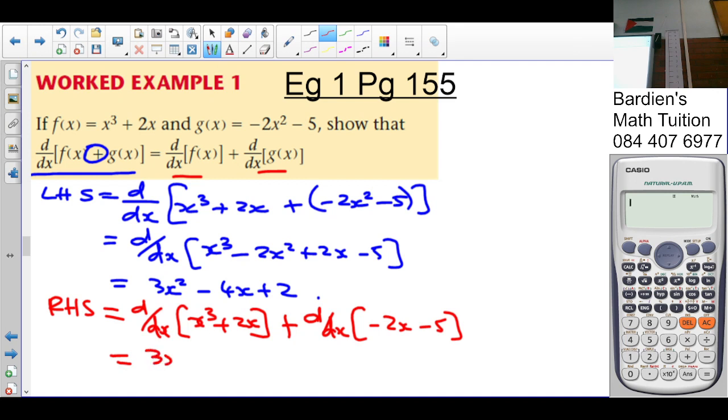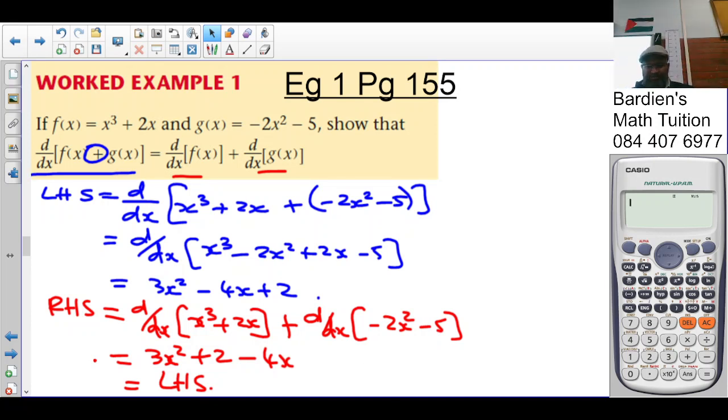What do we get? 3x squared plus 2, plus minus 2 squared here, so it's going to be minus 4x, and the derivative of a constant falls away. Not so. So is the right hand side equal to the left hand side? So therefore it is equal to the left hand side. Any confusion, people? Is there any confusion? No. Okay.